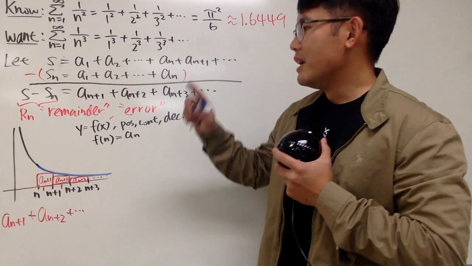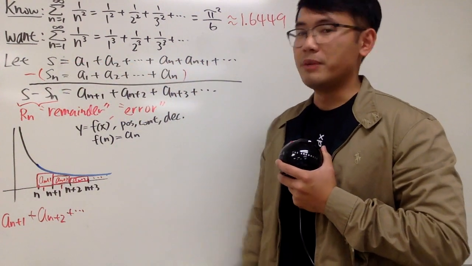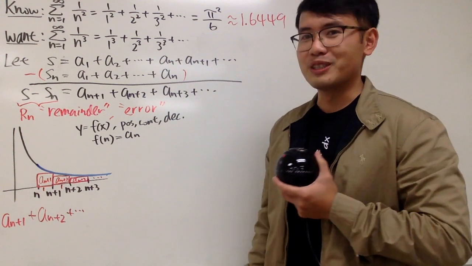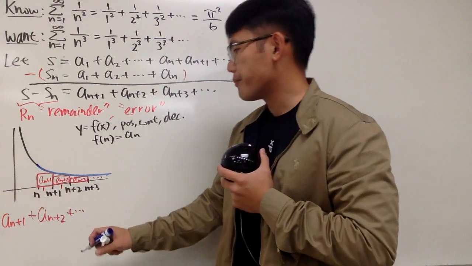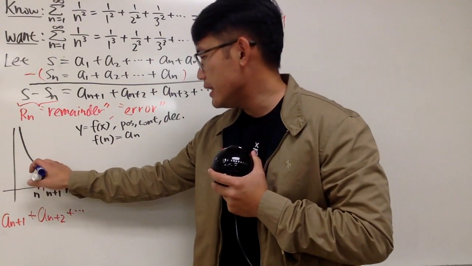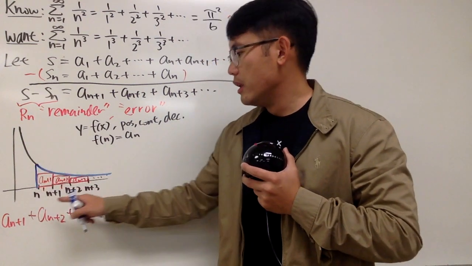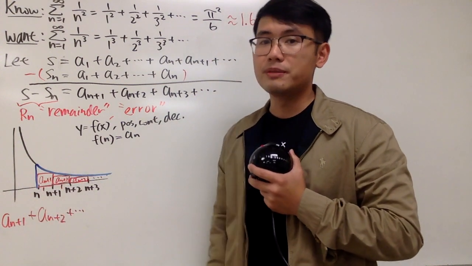And also, you have to make sure that the series does converge in the first place in order to make sense of this. Otherwise, if you're talking about infinity, who cares about infinity minus infinity, all that? That's impossible, right? Anyway, here's the deal. As we can see, the area under the curve is going to be bigger than the sum of the areas of the rectangles.